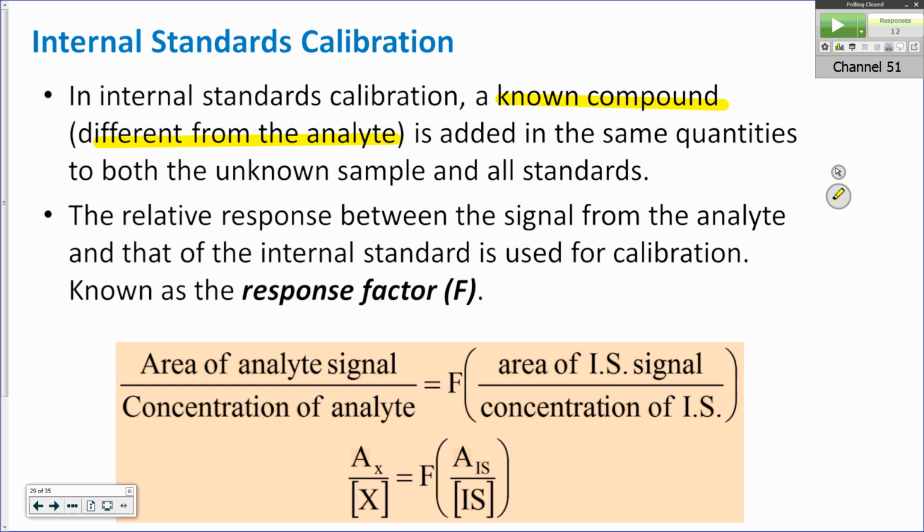So most commonly these are done with chromatographic techniques where they separate things out, but you've got to be able to get the relative response from the 2 things. So to do this, the instrument uses what's known as the response factor F, and it's simply a ratio game. You take the area or signal from the analyte divided by the concentration of the analyte, that becomes this ratio, equal to the response factor F times the signal of the internal standard divided by the concentration of the internal standard.